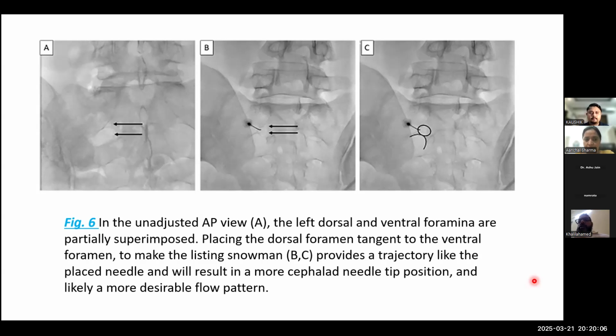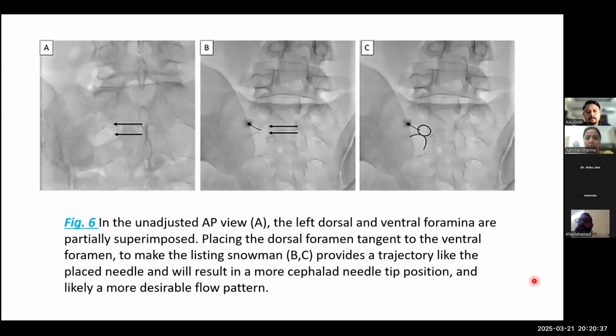So even though you see this foramen in ipsilateral and cranial position, your point of entry should be just below the pedicle of S1. Otherwise, you can see the tip of the needle, and the trajectory is hub on the outside and the tip is on the medial side, and it is just on the outer edge of the foramen. So your trajectory has to be like this, and this is how you will find it.